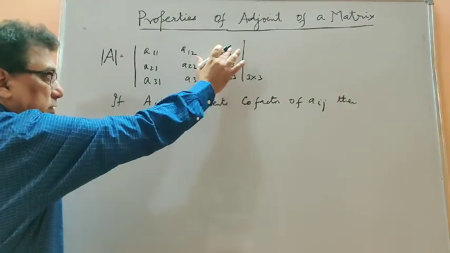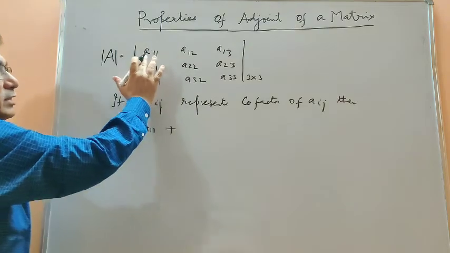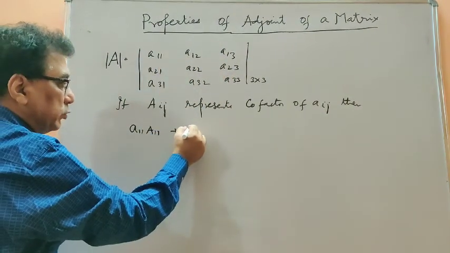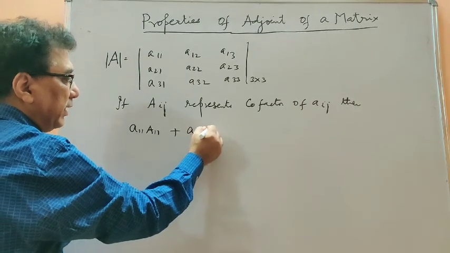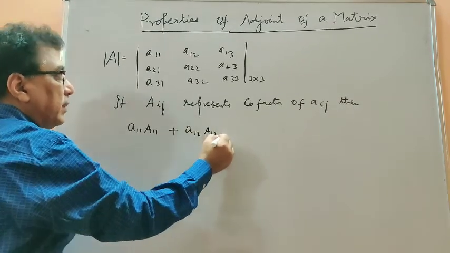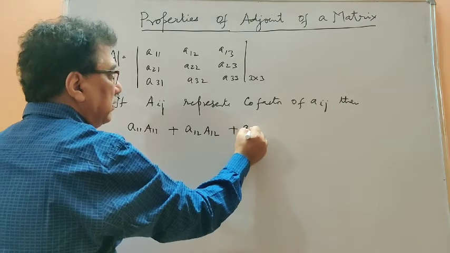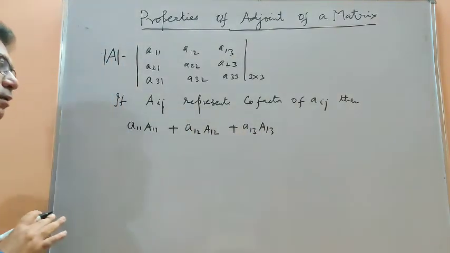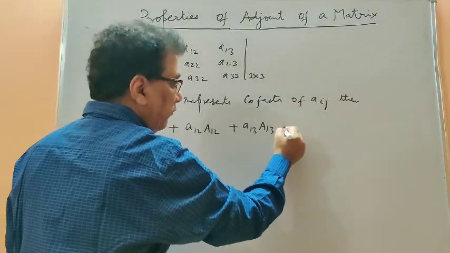Similarly, I am taking the first row elements A11, A12 and A13. Now if each one is multiplied by its cofactor and this product is added, then we know that this is the value of the determinant.